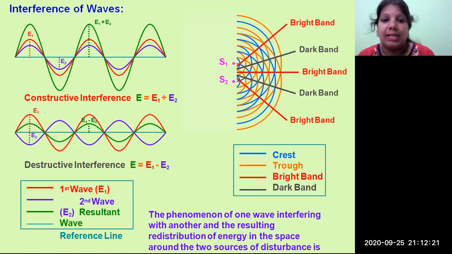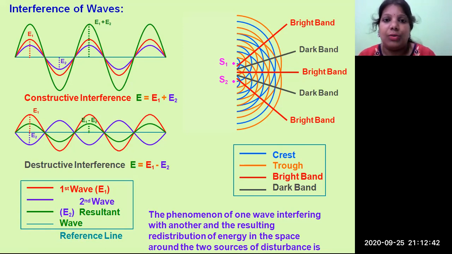For that reason, in constructive interference you will get bright bands or bright fringes, and in destructive interference you will get dark fringes. That is the meaning of interference of waves. The superposition of two waves is called interference.